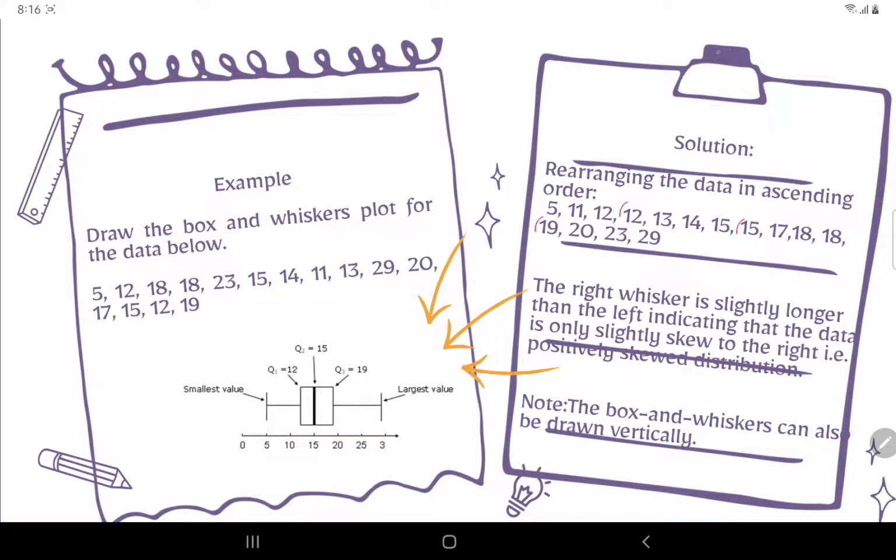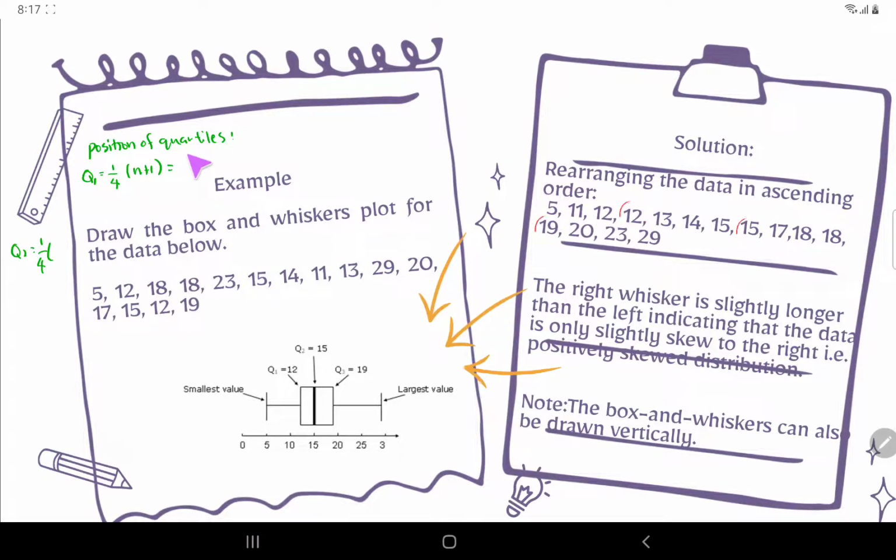Okay, the first one is we want to find the position of quartile. Position of Q1 is 1/4 times n plus 1, Q2 1/2, and kita ada 1 2 3 4 5 6 7 8 9 10 11 12 13 14 15.